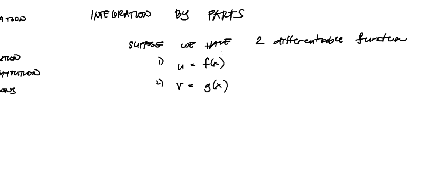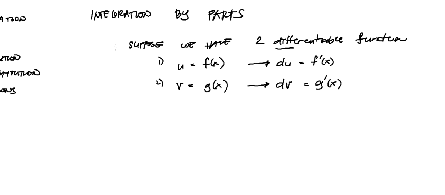Since these are differentiable functions, the derivative of u is du, which is f prime of x, and for our second function we have dv equal to g prime of x.